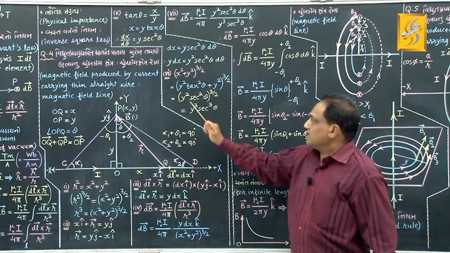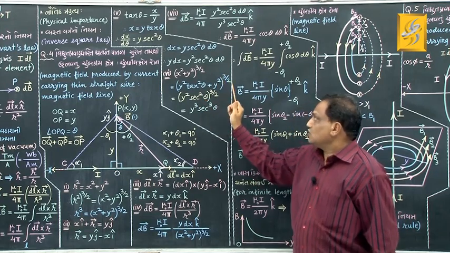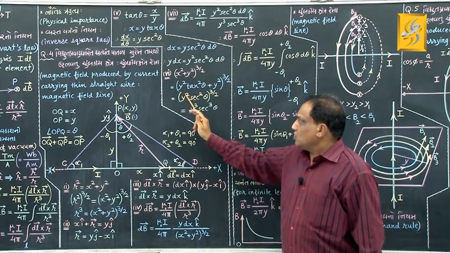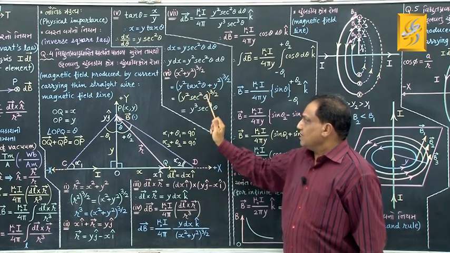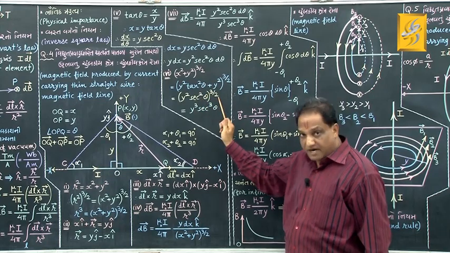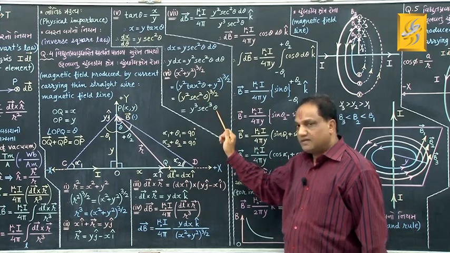So 1 plus tan square theta will be replaced by sec square theta, and then whole raised to 3 by 2 as it is. Just take the power now: 2 will cancel, then it is y cube. When you multiply, sec square theta whole raised to 3 by 2, these two powers get multiplied, 2 cancels, giving you sec cube theta.